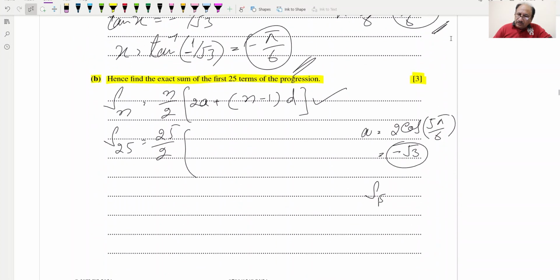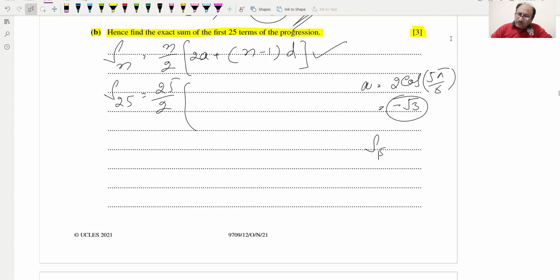So 10 cos of 5 pi by 6, if we replace this value as s5 and replace a value as this one and n value as 25, we will get d value.